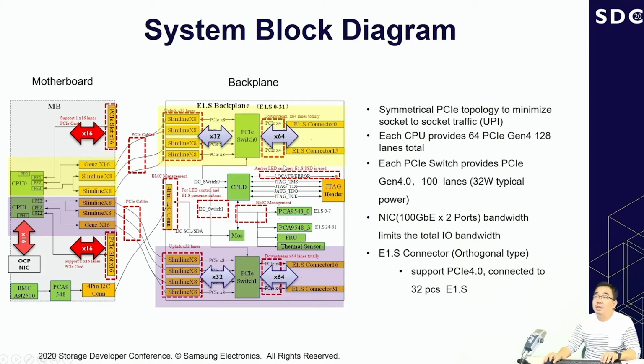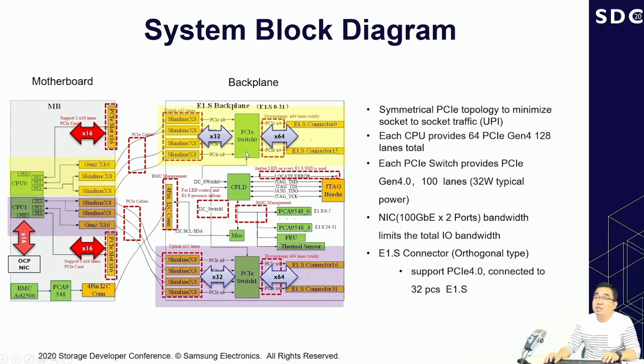If you look at the downlink side on the yellow box, each SSD is connected to the PCI switch by PCIe Gen4 4 lanes. Since every SSD on the system is connected with 4 lanes of PCIe Gen4, you can enjoy the full performance of single SSD drives also.